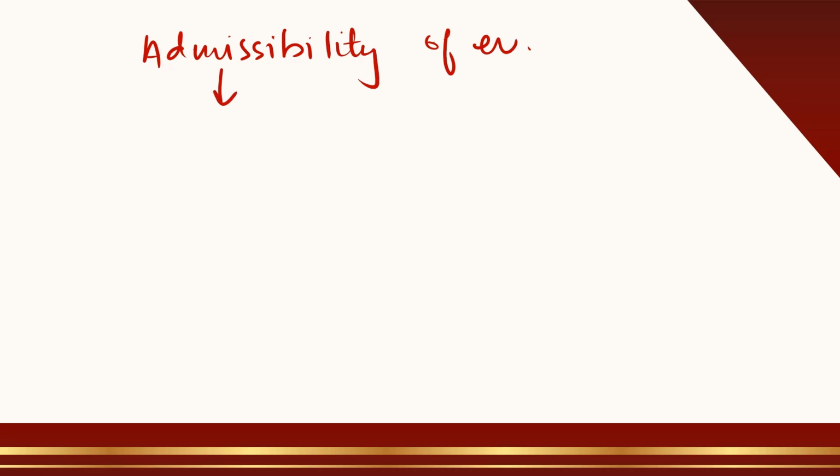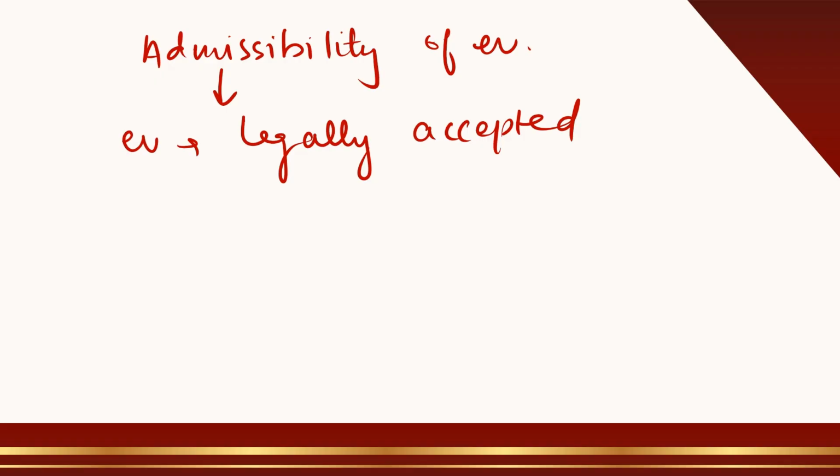So let's talk about admissibility of evidence in today's video. Let's start with the basics. What is admissibility? Admissibility basically means whether a piece of evidence can be legally accepted in a court or not, and how it is accepted or considered by the court while deciding a case.